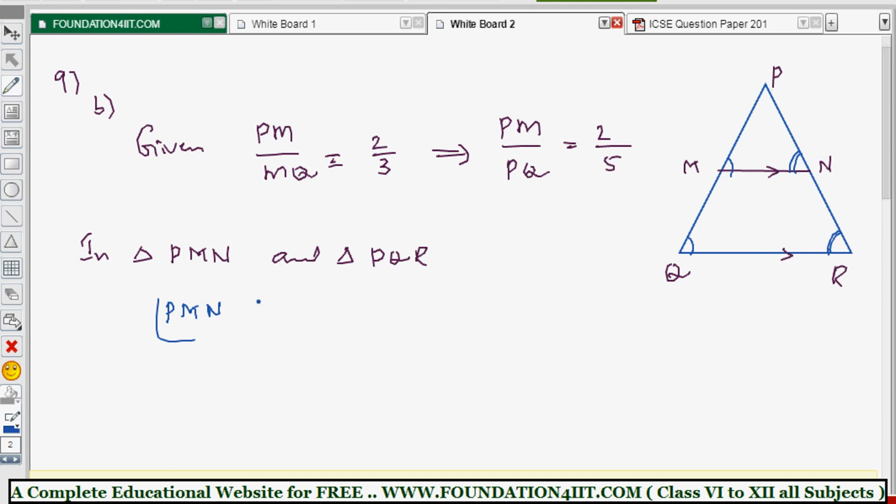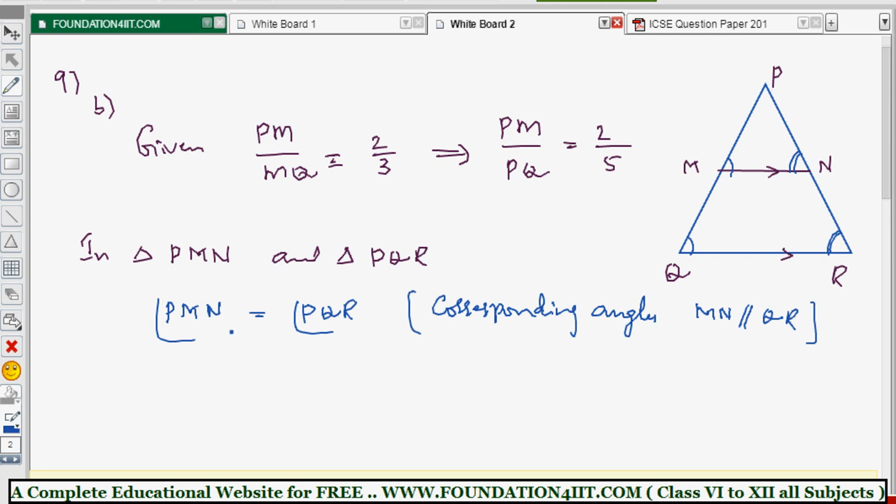So angle PMN is equal to angle PQR, that is corresponding angles, because MN is parallel to QR. And similarly angle PNM is equal to angle PRQ.